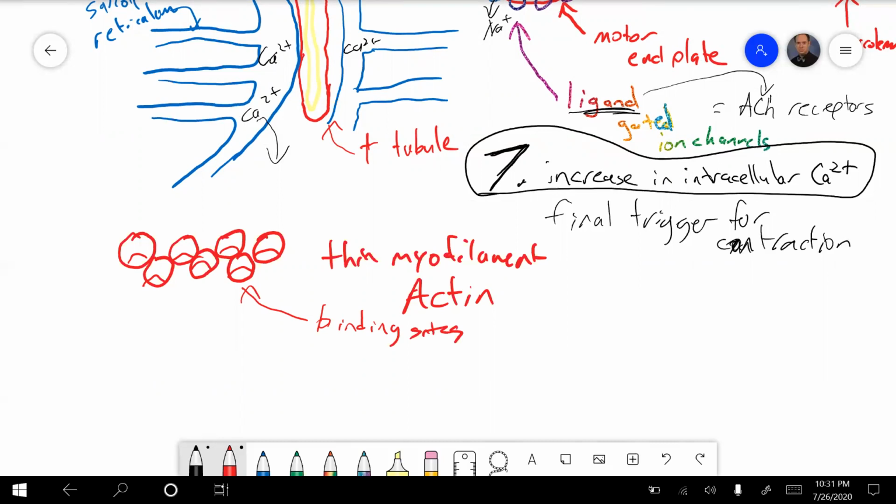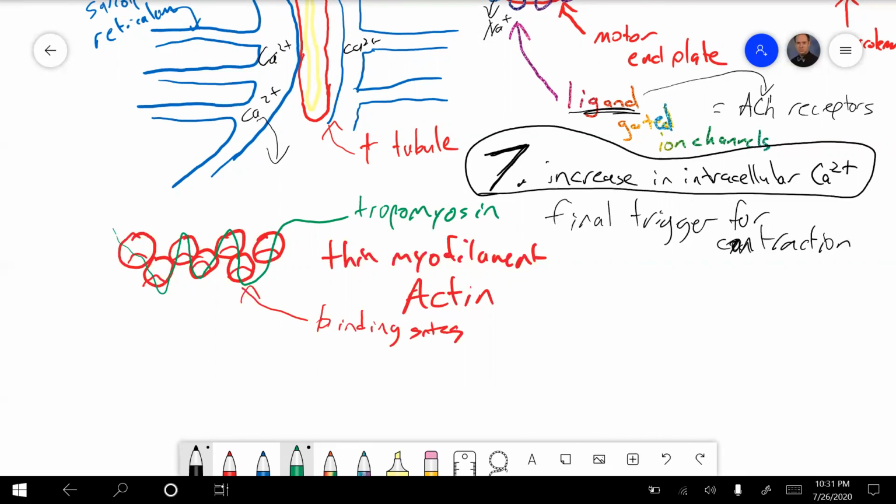A binding site is obviously where it can bind to something. Those binding sites are blocked by a string of protein called tropomyosin. So you should know that tropomyosin blocks the binding sites on actin.